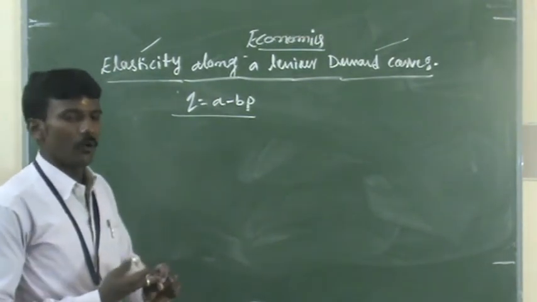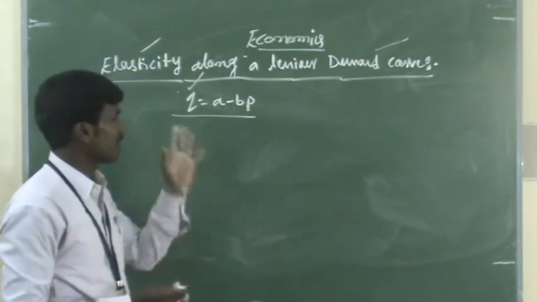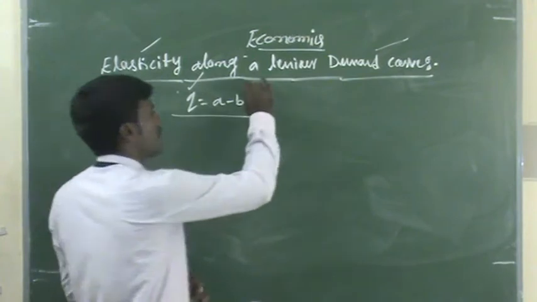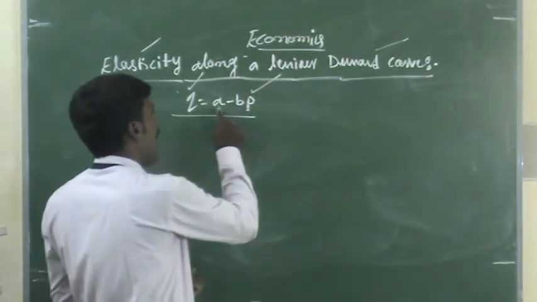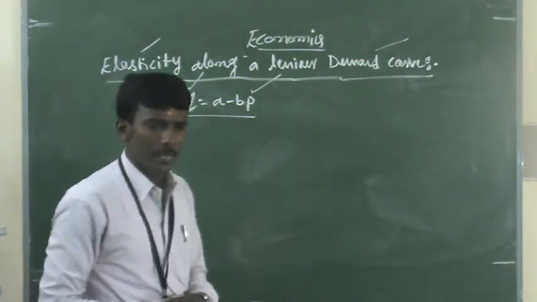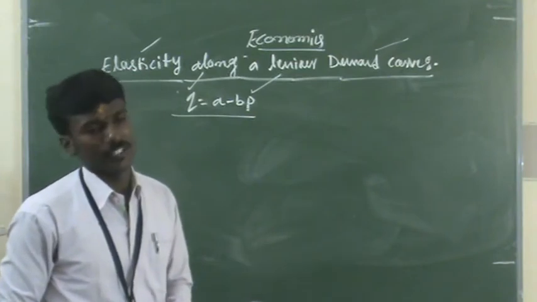In this equation, Q stands for quantity of demand, P stands for price of the good, and A and minus B are the constants.